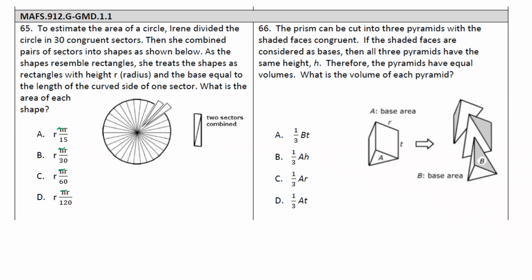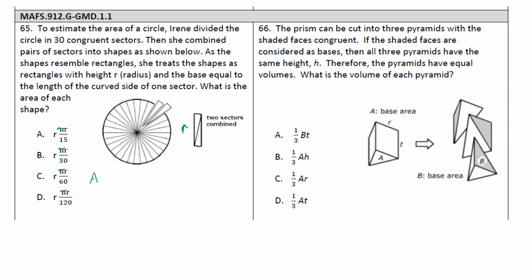And then they said they took 2 sectors and combined them. So now it looks like almost a rectangle here. And they said that the radius is one of the sides. The other side is the length of one of those arc lengths of a sector. So we need to figure out what is that arc length.